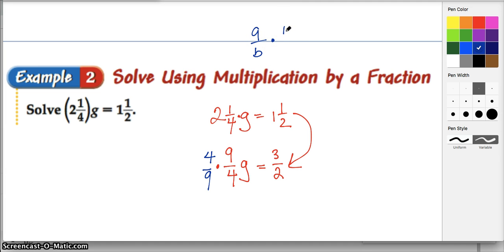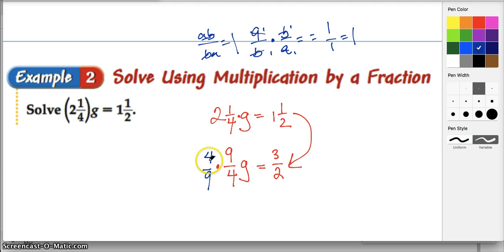A over B times B over A, cross cancel, gives 1 over 1, which is 1, right? We could have written AB over BA and then done some canceling, but we still get 1. The fact is, when you multiply a fraction by its reciprocal, it cancels down to 1.